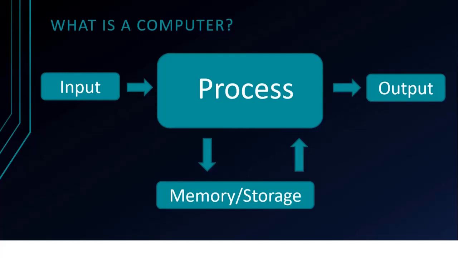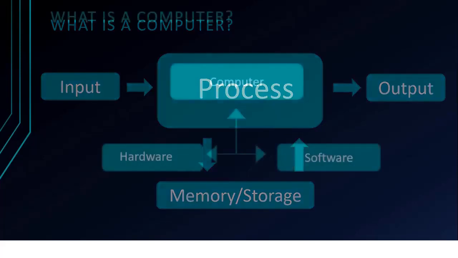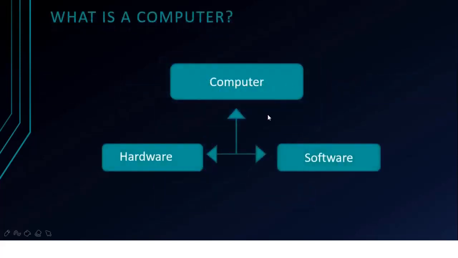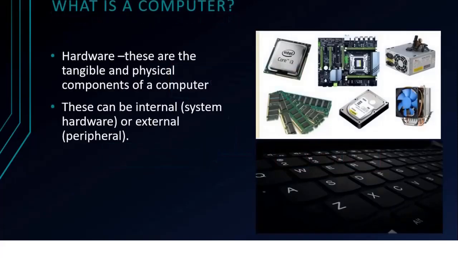It is also at this introductory level where you should understand that computers are made up of two basic features, which are hardware and software. Just like every animal is made up of flesh and soul, computers are made of hardware and software. Hardware acts as the flesh or the body of the computer, while software acts as the soul. So hardware generally refers to the tangible and physical components of a computer.